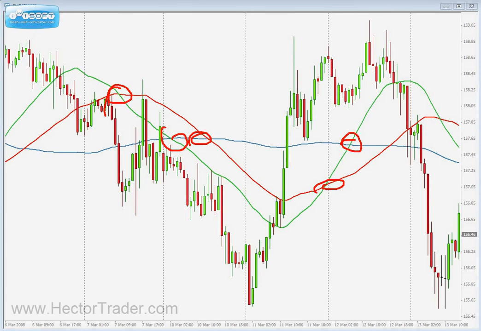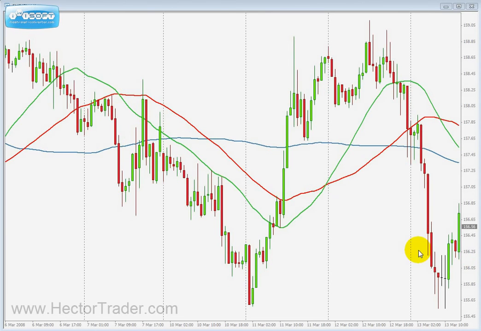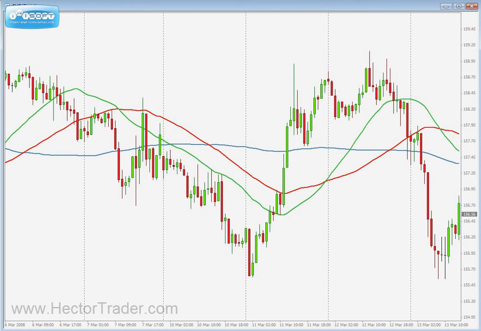Price is not respecting the dynamic area of support and resistance at all. I mean, price is in fact breaching above and below, breaking the 100 moving average a number of times throughout the chart. Whenever you see this type of price action, what you usually have is a ranging market condition.